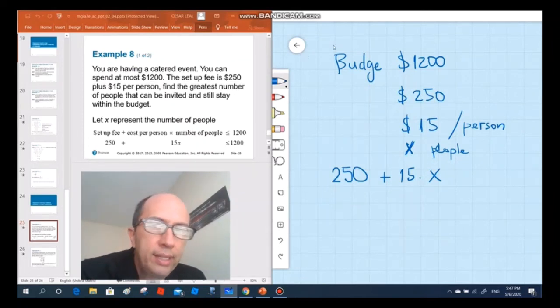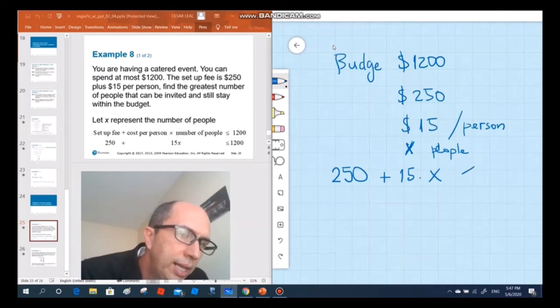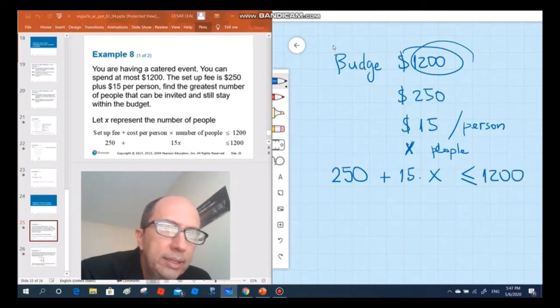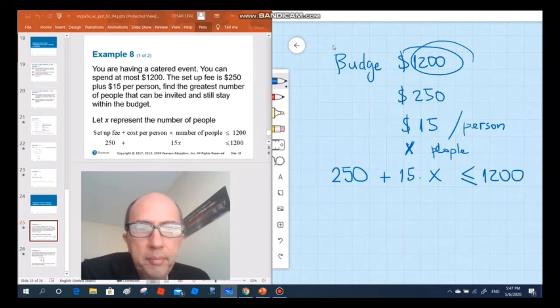And if we add, this needs to be less or equal than what? Than our budget. Right? This is the cost, and the cost needs to be less or equal than the budget.